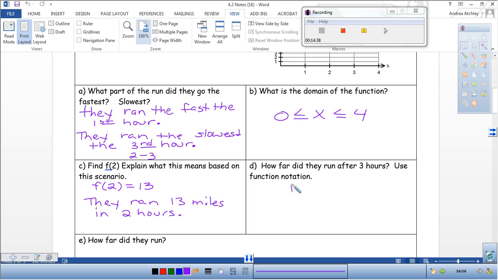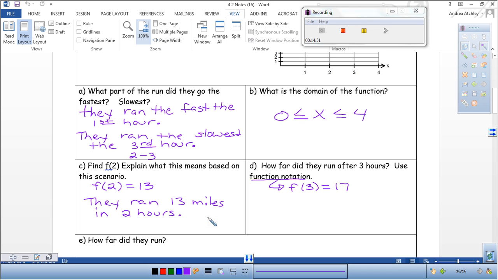Okay, and they want function notation, so that's just f of 3 equals 17. This is what we call function notation. That's all this is. Any questions over it?